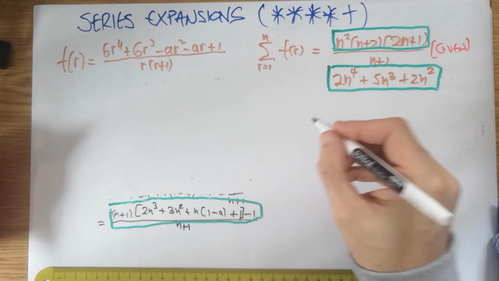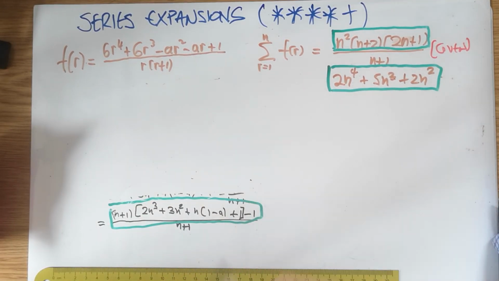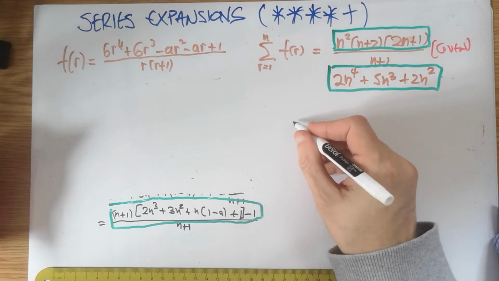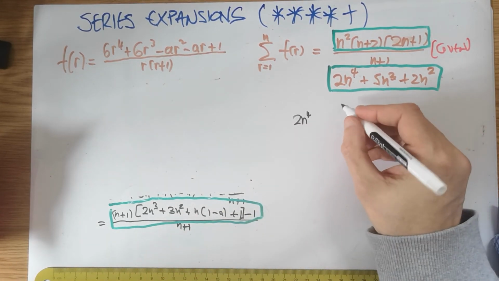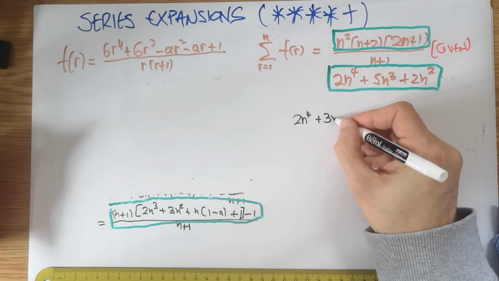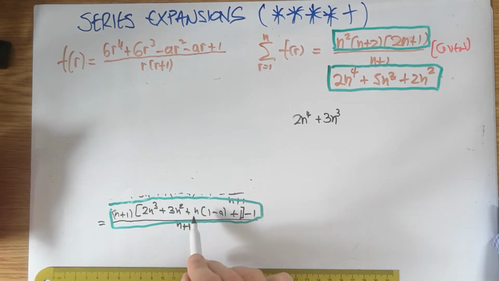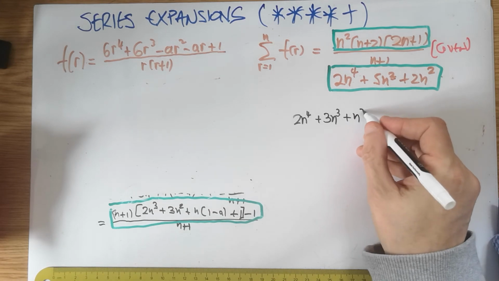I'm going to stagger the terms as you will see. So we're going to have 2n to the 4. I'm doing the n times that, plus 3n cubed. Now, when we reach that, it's n times that, so the n makes that into an n squared. So it's going to be a plus n squared.